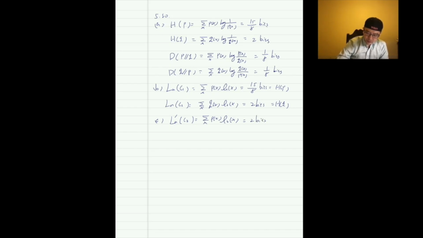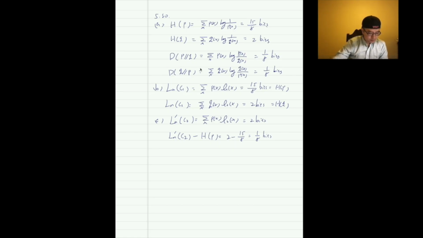And now if we want to see the cost, we use this number and subtract the entropy of P. That is 2 minus the entropy of P, which is 15/8. So here what we get is 1/8 bits. Okay, and we can see this equals the relative entropy of P and Q, right?